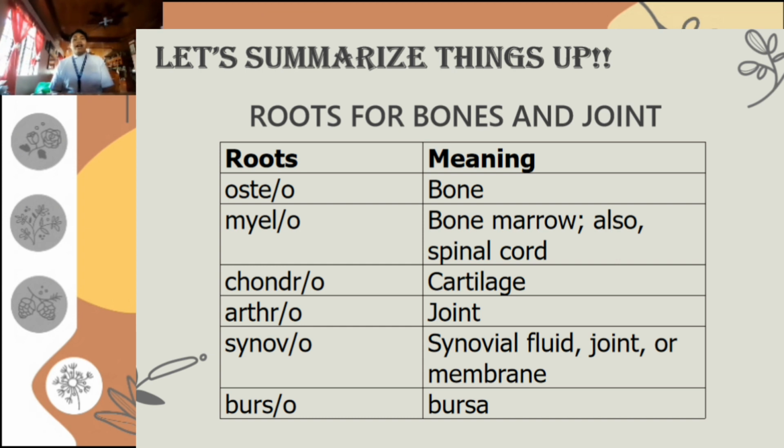Number 4 is arthro, meaning our joints. Synov or synovo is pertaining to synovial fluid, synovial joint, or our synovial membrane. And last, for the roots for bones and joints, is the bursa or burso, meaning our bursa.